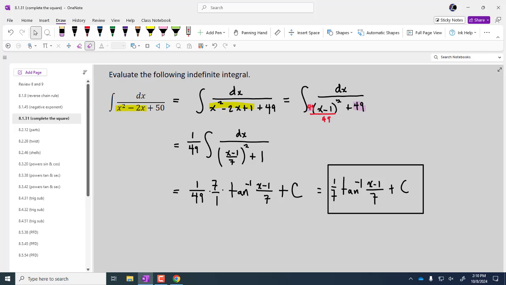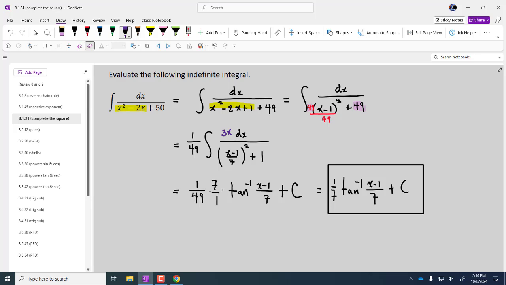So if this numerator right here were, say, 3x, let's put in a 3x right here, then this is not an inverse tangent anymore. So not an inverse tangent, but what we would do is trig sub. So we would let tangent equal this, and then we'd figure out what x would have to be. That's one way to do it.